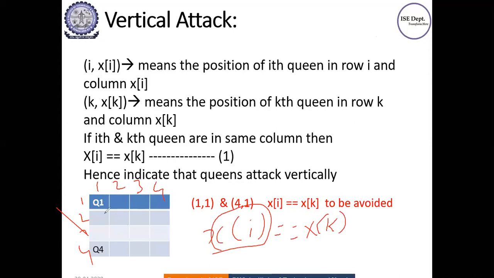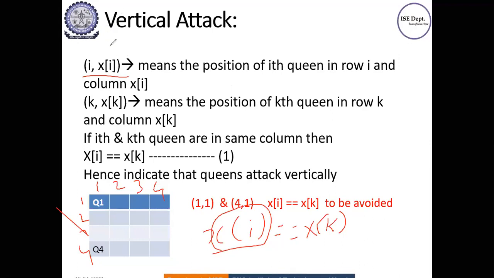Am I clear? Just to go through this one: i comma x of i, where i indicates the ith queen in row i and a column. So x of i indicates basically a column.